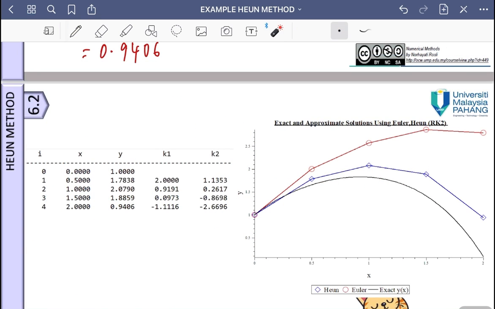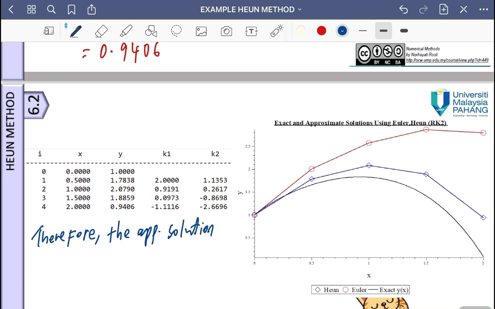Okay students, if I summarize in the table, this is all the values that we obtained by using the Heun method. Therefore, we can conclude the approximate solutions of our initial value problem are as follows.